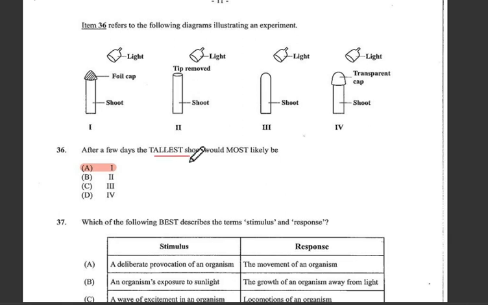The reason why 1 would be the tallest shoot is because we have a foil cap. Once we have a foil cap, it would have the tallest shoot because we have the foil cap along with the light. If the tip is removed and we have the light, then we'd have a slower shoot growth. Here we have the transparent cap, which would be the least likely to have the tallest shoot.